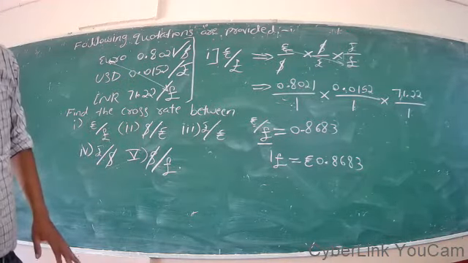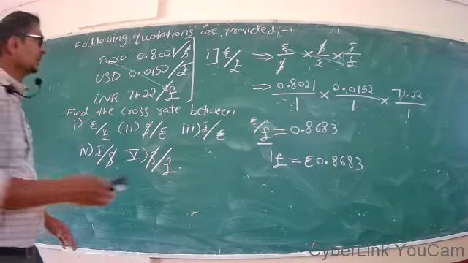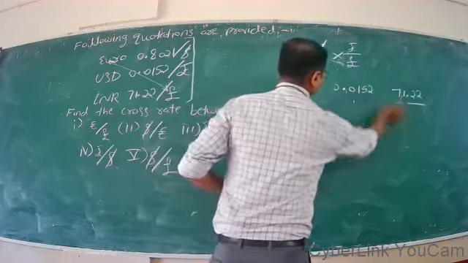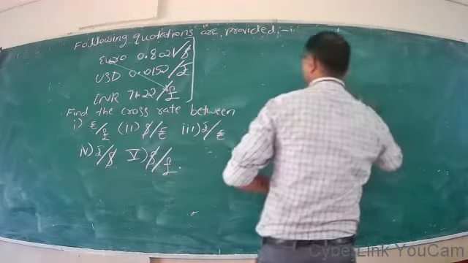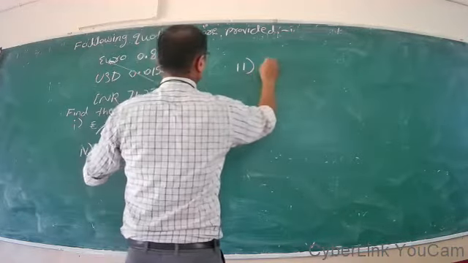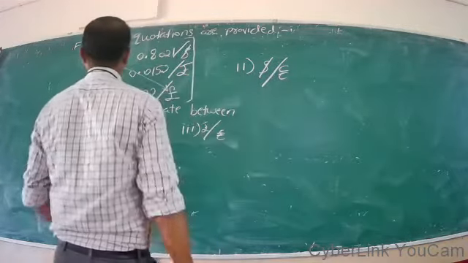Now the second question they are asking is dollar per euro.